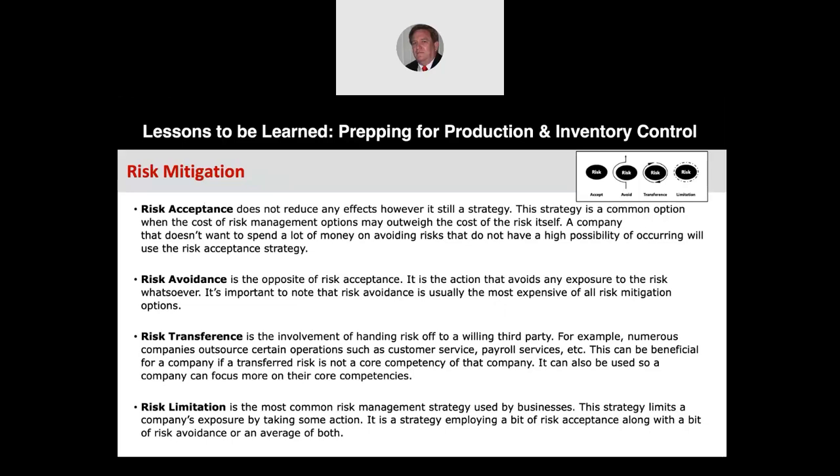The last one here is risk limitation, and this is where most companies go. You pick your battles. Instead of trying to have mitigation for everything that VUCA can throw at you, you go by the RPN. You pick your high RPNs.